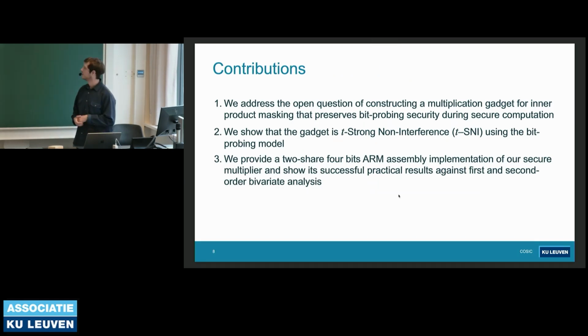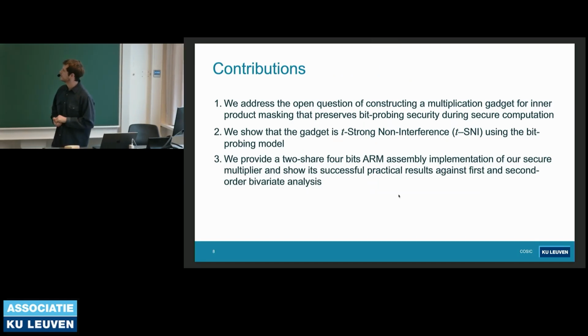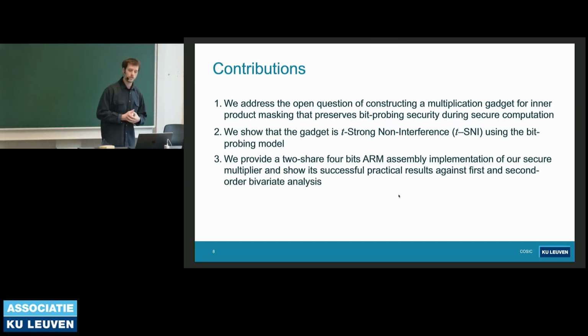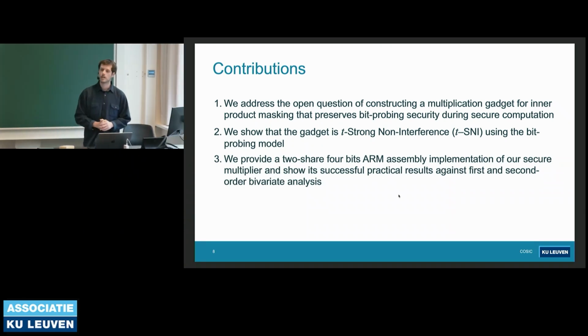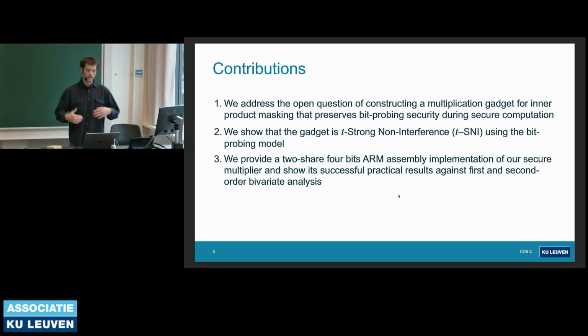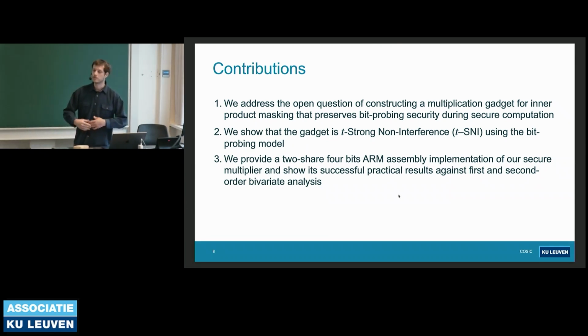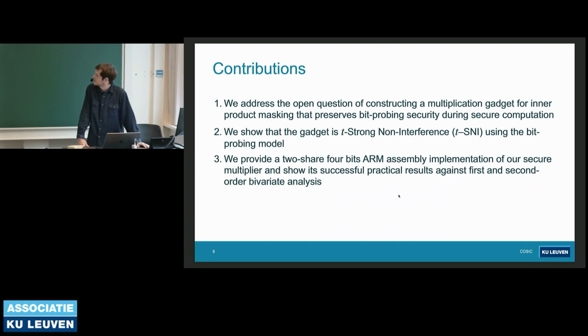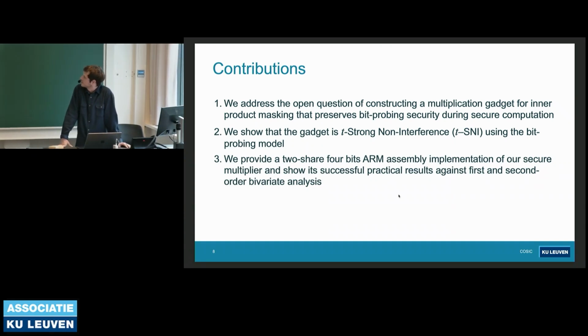Our contribution in this work is that we address the open question of constructing a multiplication gadget for inner product masking that preserves this bit probing security during secure computation. So we preserve this security amplification. We showed that the gadget is t-strong non-interfering using the bit probing model.